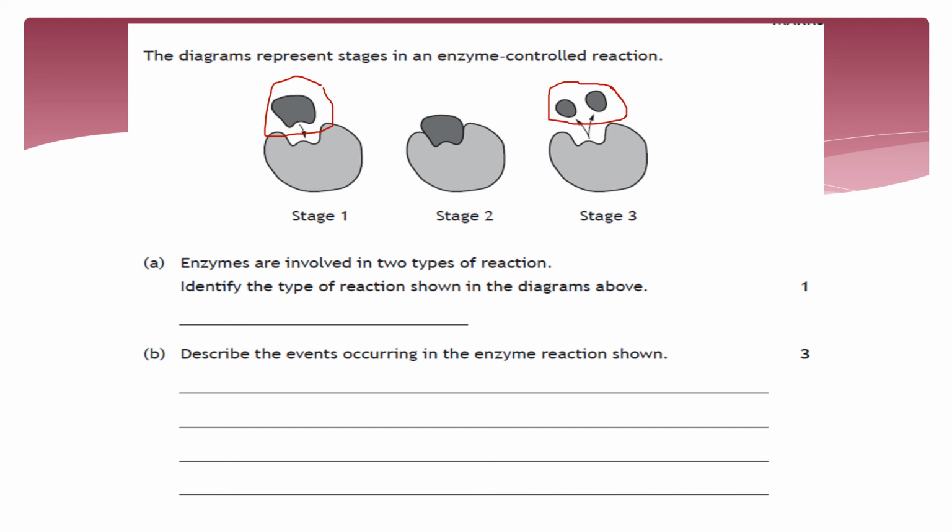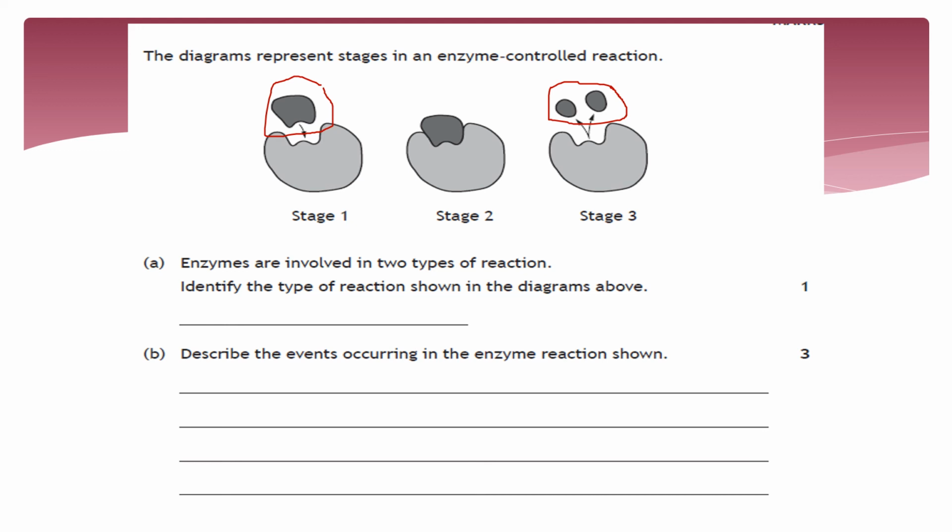Then it says describe the events occurring in the enzyme reaction shown. You want to see what's happening in stage 1. You need to say that your substrate is binding to the active site of your enzyme. It's important that you say this.